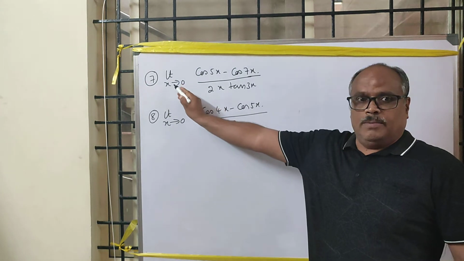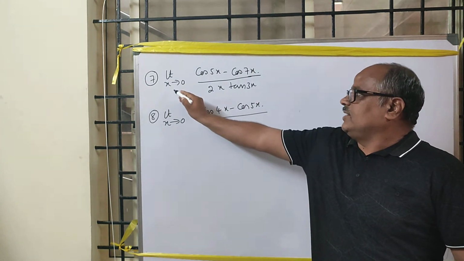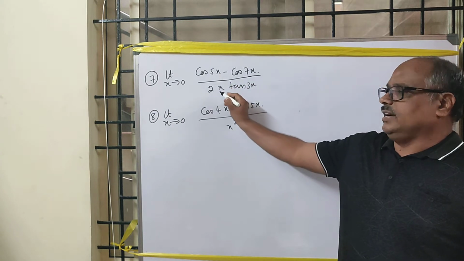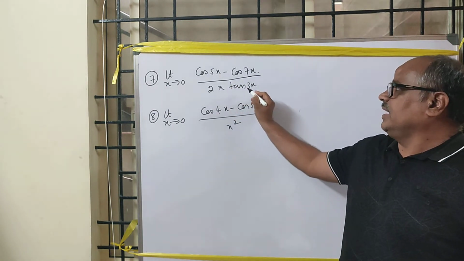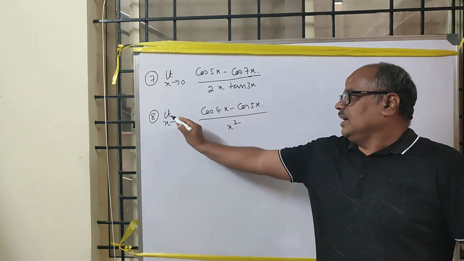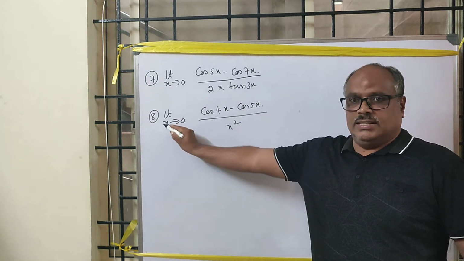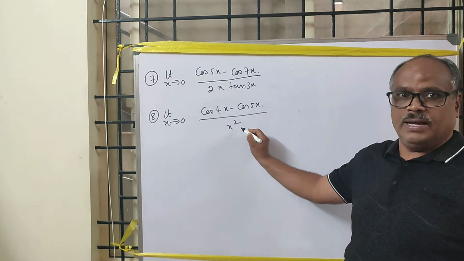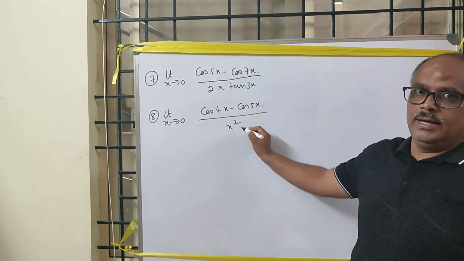The seventh problem is limit x tends to 0, cos 5x minus cos 3x divided by 2x into tan 3x. The eighth one is limit x tends to 0, cos 4x minus cos 5x divided by x squared.